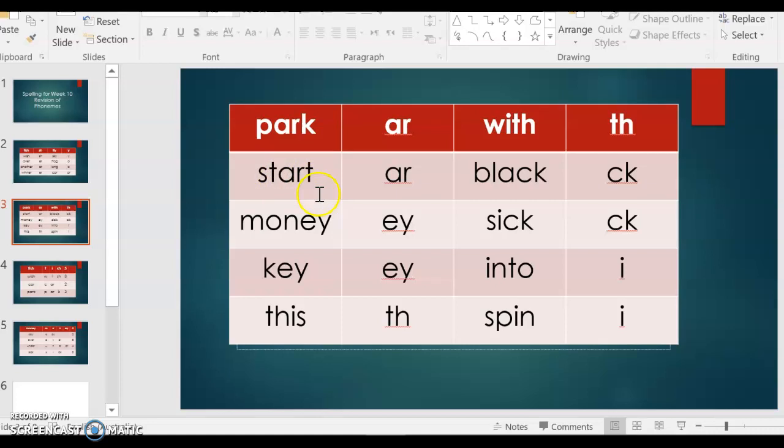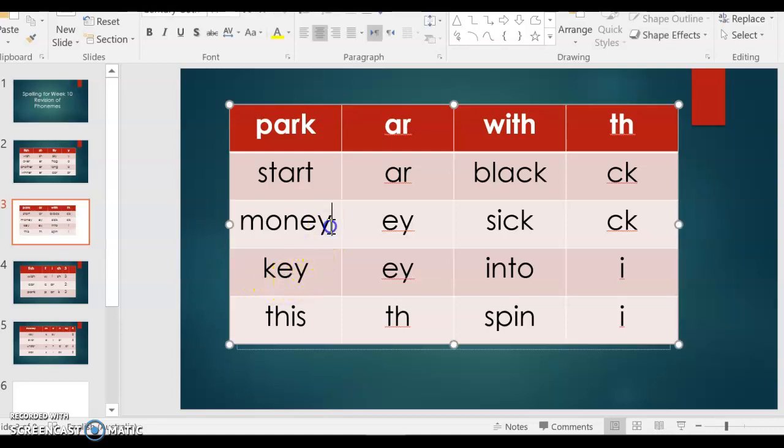Okay, good. Keep going. For the next two words, the digraph that we focused on was E at the ends of these words, but we write it as EY. Even though we're only pronouncing the E, it's EY. So it's money and key.